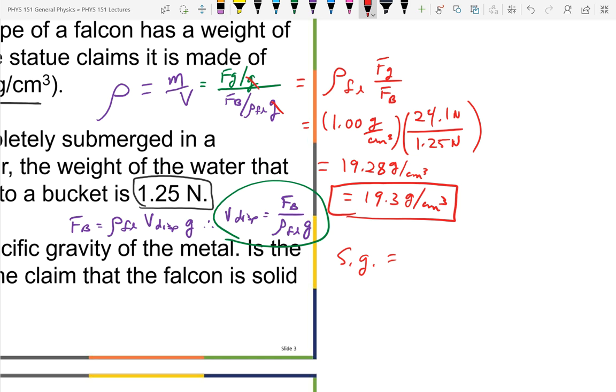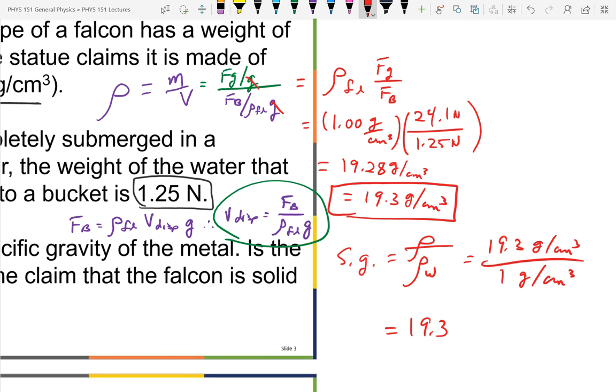Well, fortunately, it's the simplest thing in the world. Specific gravity is equal to the density divided by the density of water. It's equal to 19.3 grams per centimeter cubed divided by 1 gram per centimeter cubed. What does that division really do? It just drops the units. So specific gravity is 19.3.